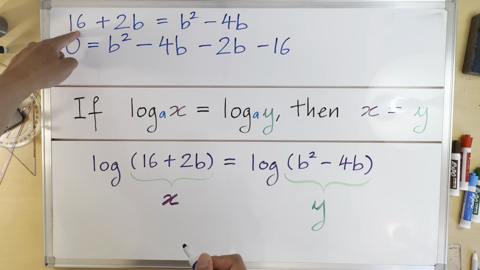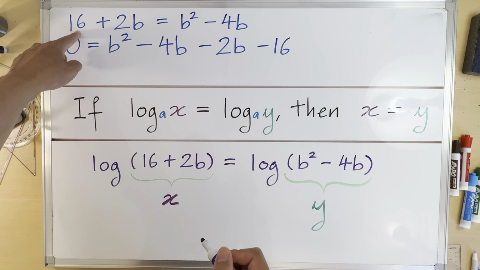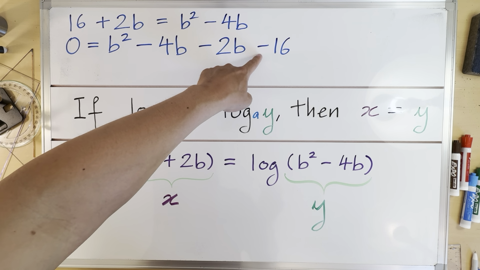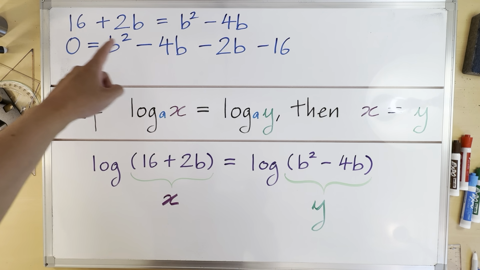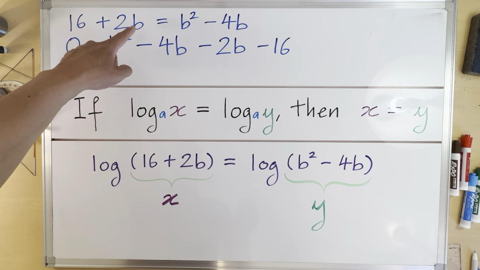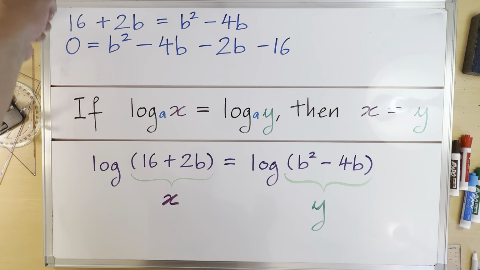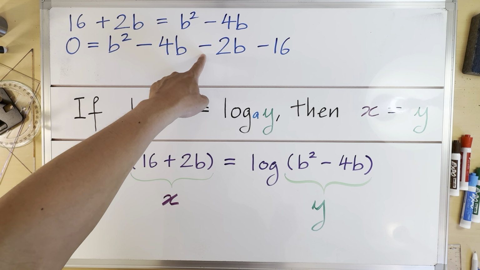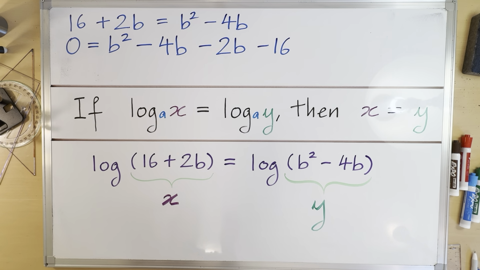Because positive 16, when moved from one side of the equation to the other side, becomes negative 16. Likewise, positive 2b, when moved from one side of the equation to the other side, becomes negative 2b. Now, all we have to do is combine like terms.